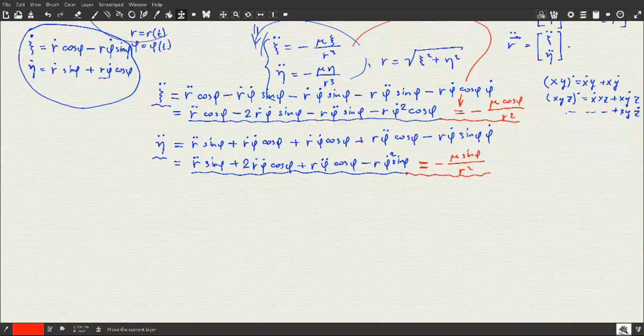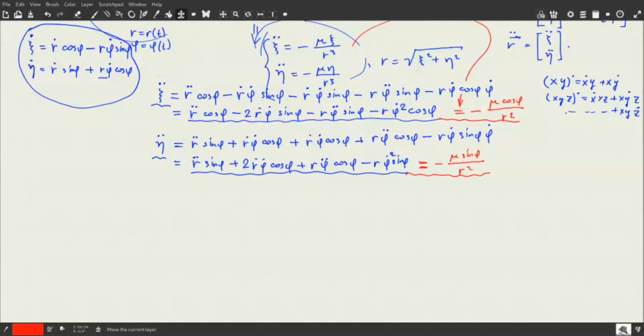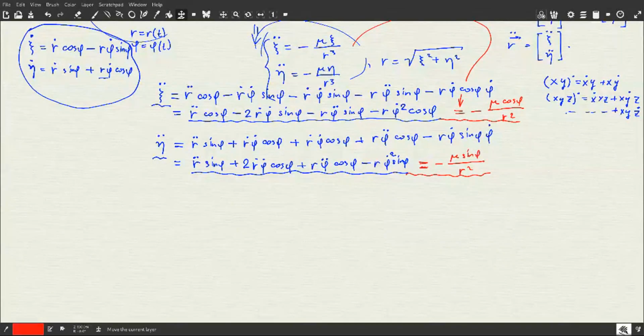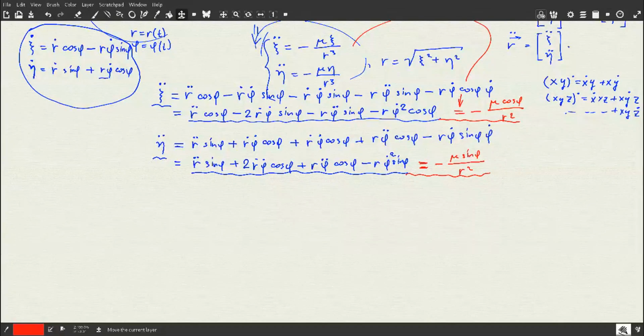So the question is whether there is any advantage of doing that. But you can see that the terms in both equations look suspiciously similar. We have cosine phi here, sine phi here. Sine is different. Sine cosine, cosine sine, cosine sine, which probably tells us something.